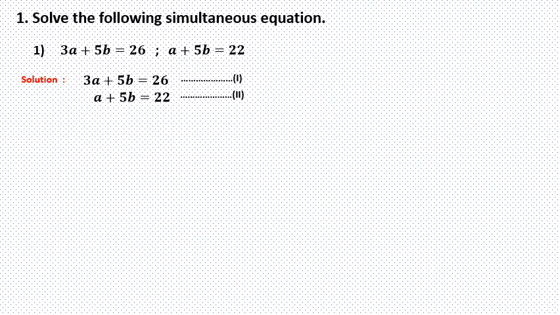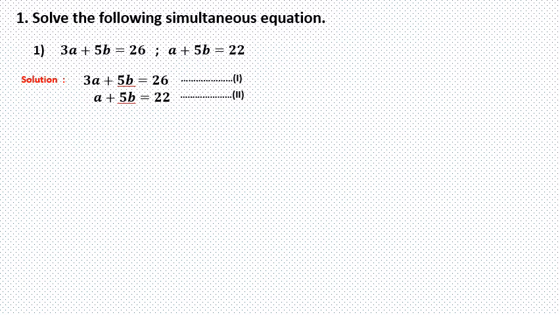And the coefficient of b is 5 in the second equation also. This means the coefficient of one variable, that is b, is already the same in both equations. So in the second step you don't have to do anything, because in equation number 1 and equation number 2 the coefficient of b is 5.